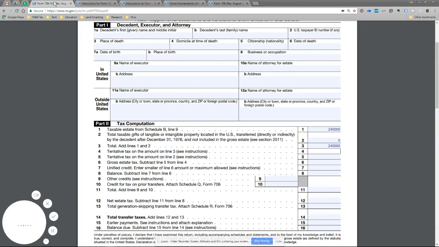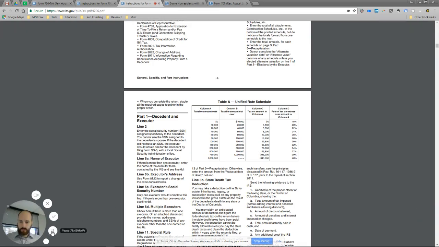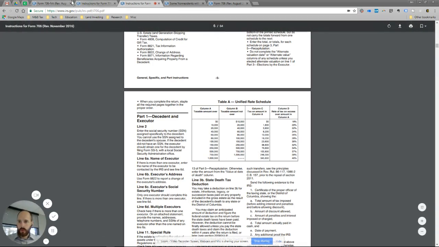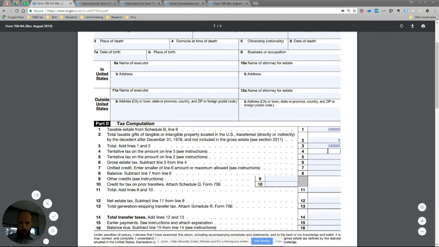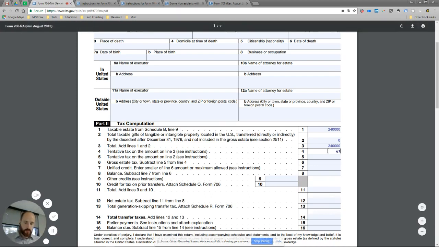For the 240,000, we'll get 38,000, and then 240 minus 150 times 32. We'll actually do it right. Let me pause this real quick. So I did the math. Tentative tax on line 3 would be 67,600.